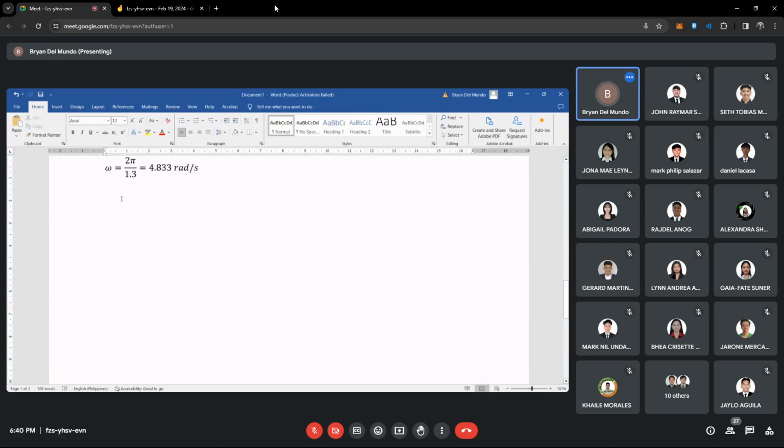So the formula, our maximum velocity is equivalent to amplitude multiplied by omega. And then, so given si maximum velocity, given si omega n, so now we can solve yung ating amplitude. So amplitude is just equal to Vmax over yung ating omega.